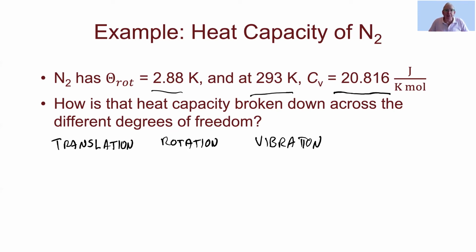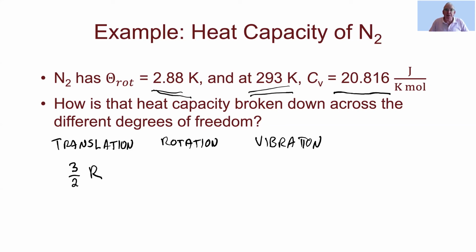Because we have 3 directions the molecule can move in, we said before that our translational contribution to the heat capacity should be equal to 3/2 R, right? The rotational motion, if the theta parameter is about 2.9 Kelvin and the temperature is about 290 Kelvin, that means my rotational partition function is on the order of 100.